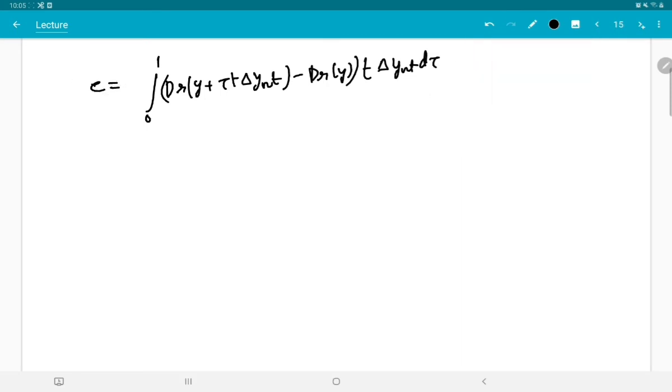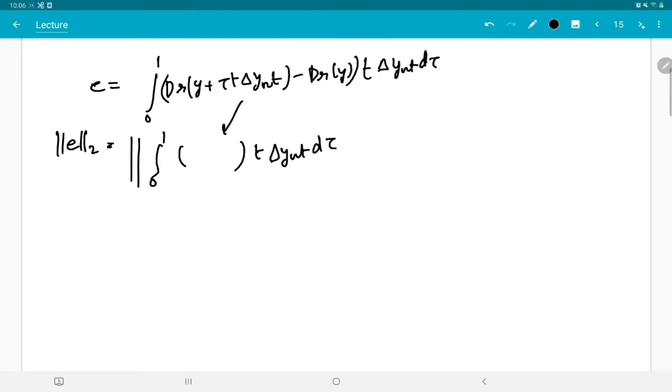So now we can bound the norm of E. So if you take the norm of E, the norm of the integral from 0 to 1, times t delta y and t d tau.